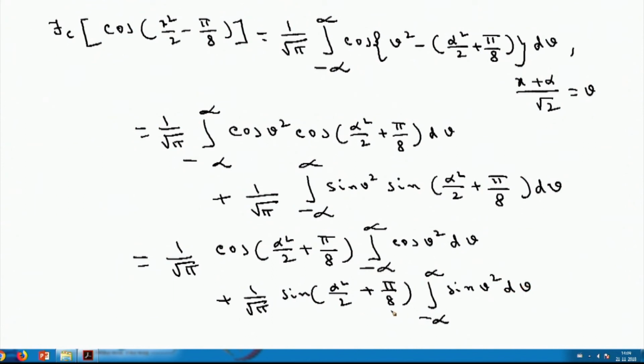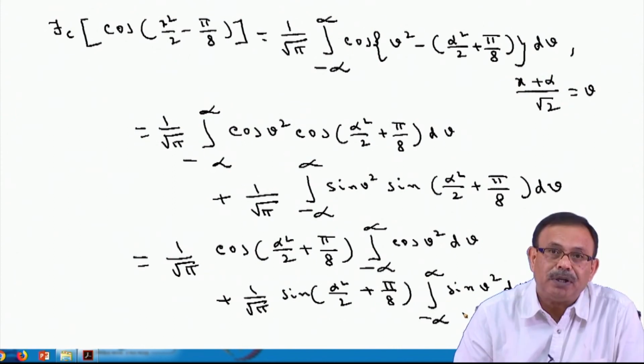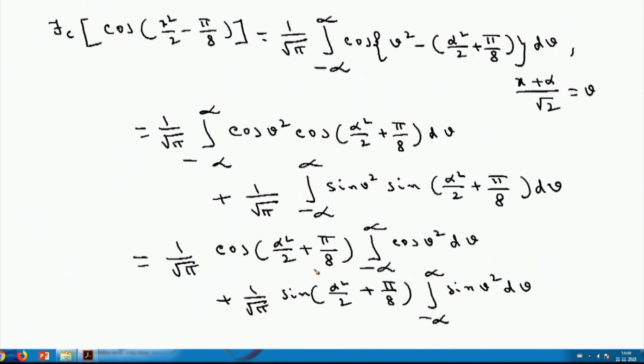Now, I have to find out the value of the integral of cos of v square and also of sin of v square. This 1 by root pi into cos of alpha square by 2 plus pi by 8, these are the constant terms. So, let us see how to find out the value of these integrals now.